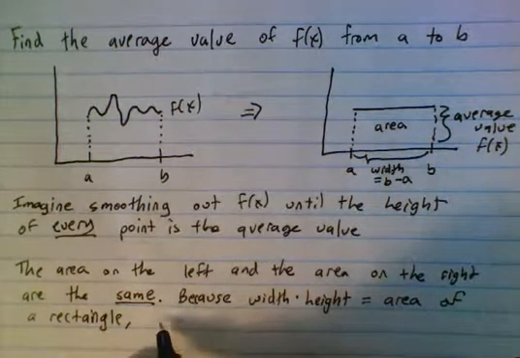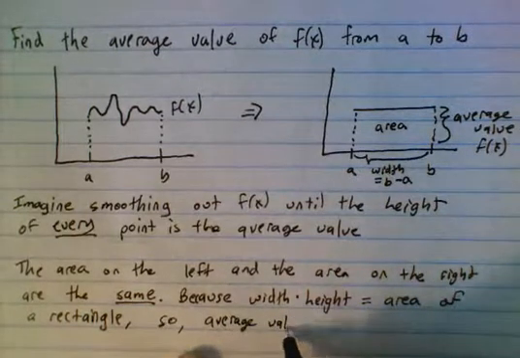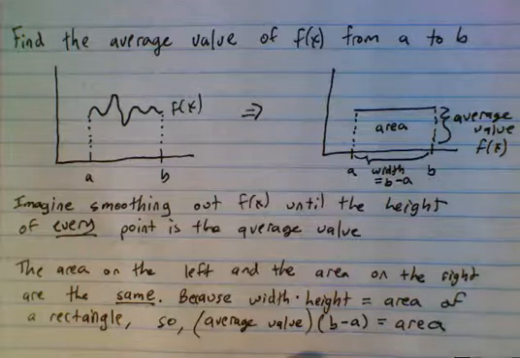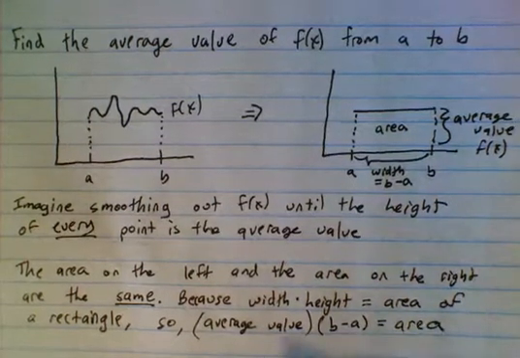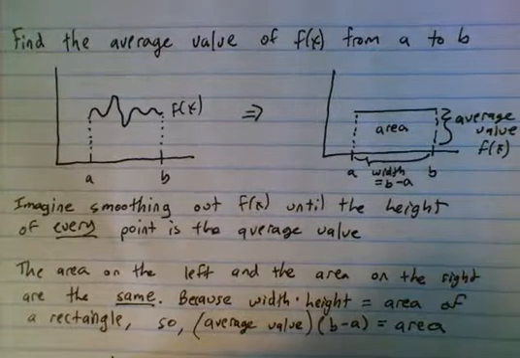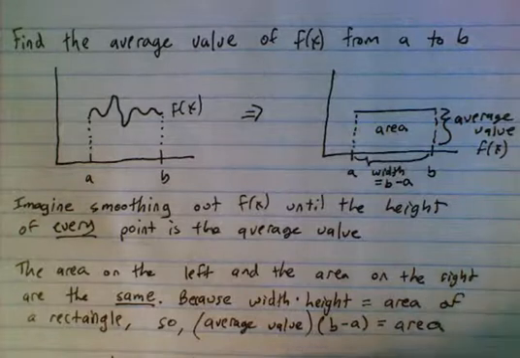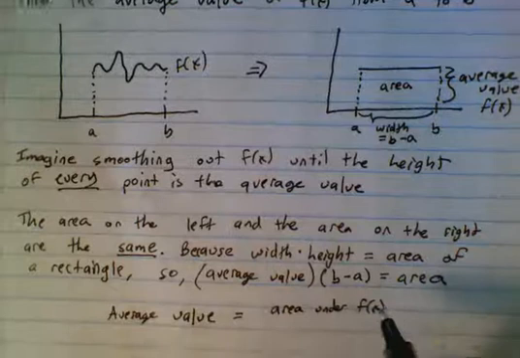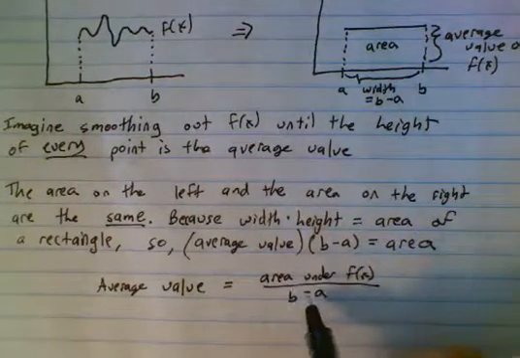So if we want to find the average value, that means the average value is the area under f of x divided by b minus a.